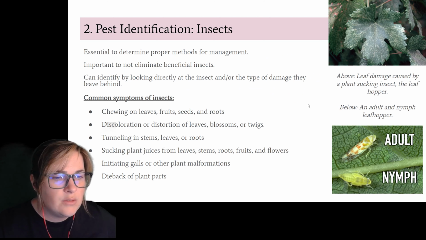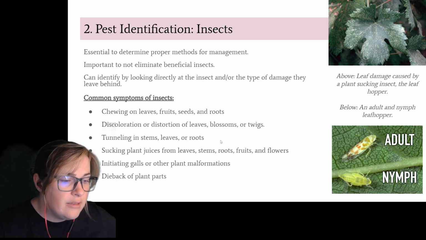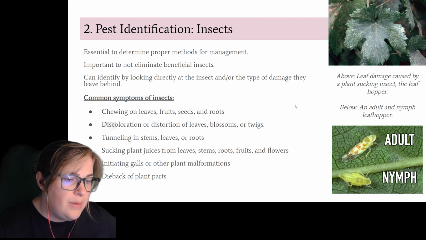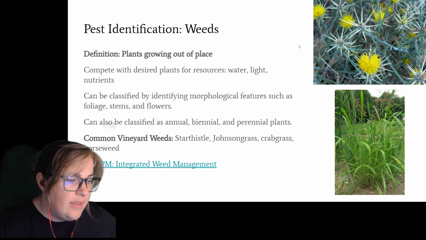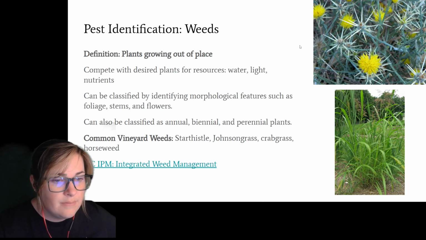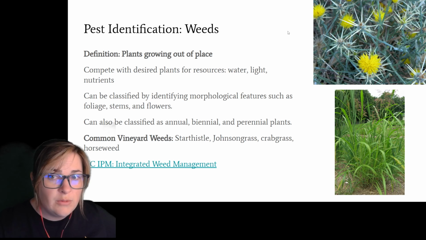For insects, we typically have chewing and stippling and tunneling. Tunneling is a really big giveaway. And so that could be something to realize as well, right? And then weeds, we identify weeds just like we do any other plant or flower.